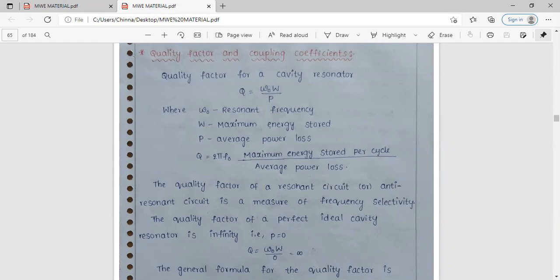So that is P, the power loss, is equal to 0. So Q is equal to W0 into W by 0, that is equal to infinite. So ఎప్పుడు ఇన్ఫైనైట్ అవుతుంది? పర్ఫెక్ట్ ఐడియల్ cavity resonator అయితే.